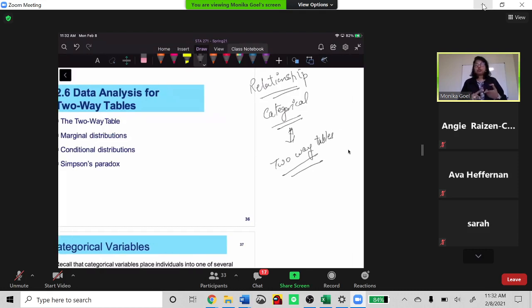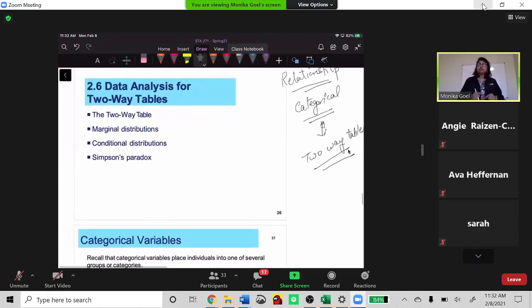So when you start with numerical variables, your first point is make a scatter plot. When you work with categorical variables, your first step is to work with two-way tables. And when we talk about two-way tables, when we make a table that has two ways, similar like in simple words, rows and columns, then we are talking about two ways.